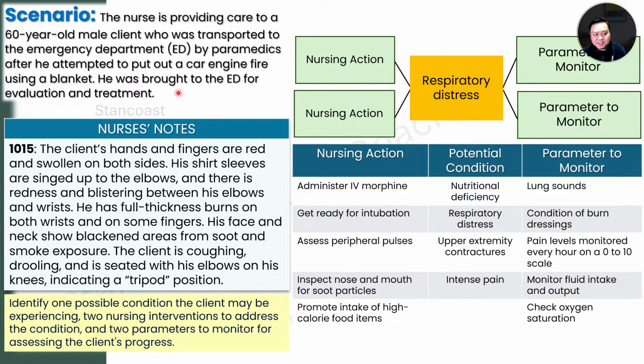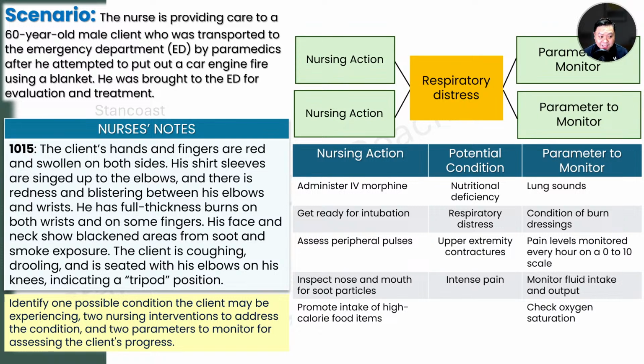Looking into the scenario as well, look into the chart, the nurse's notes. The client is coughing, drooling, and is seated with his elbows on his knees, indicating a tripod position. So this reflects that the patient could possibly have inhaled smoke, which can cause the airway to inflame and swell up.